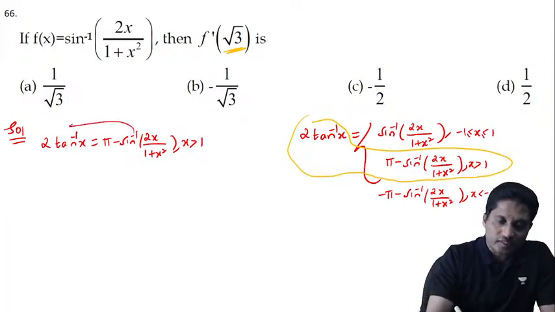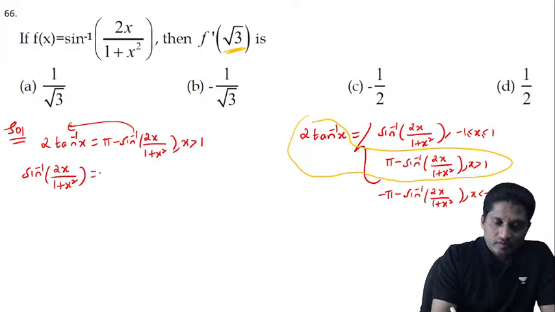If you shift on the left side, you get sine inverse of 2x divided by 1 plus x square is equal to pi minus 2 tan inverse of x.